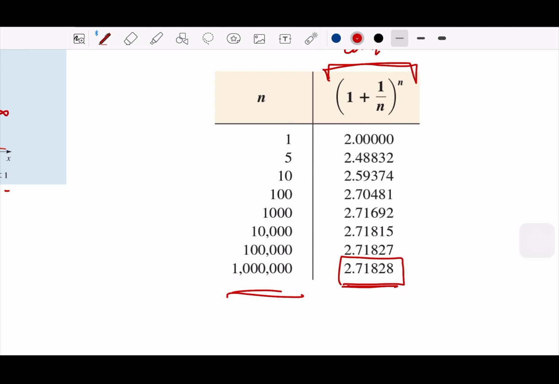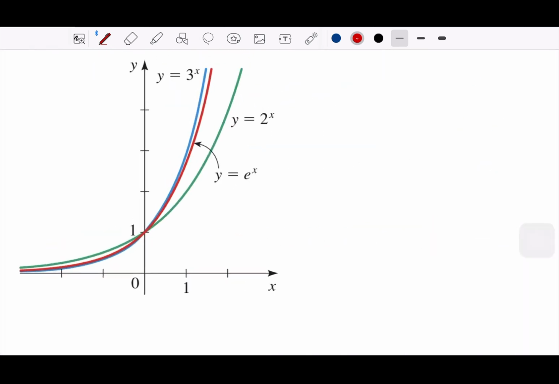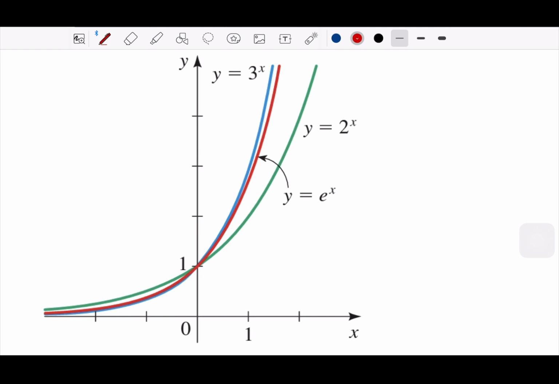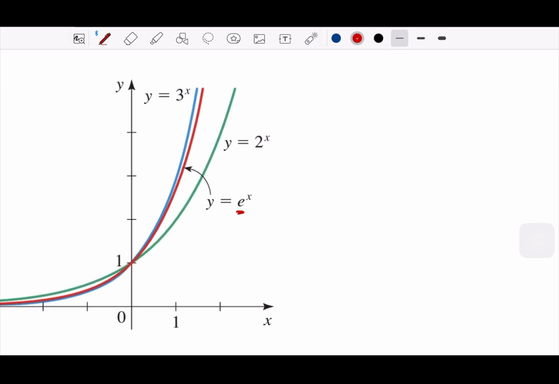And this number is the same thing we call E here. When we take the log of this E, it will be equal to 1. So there is something between 2 and 3 that is going to be equal to 1.